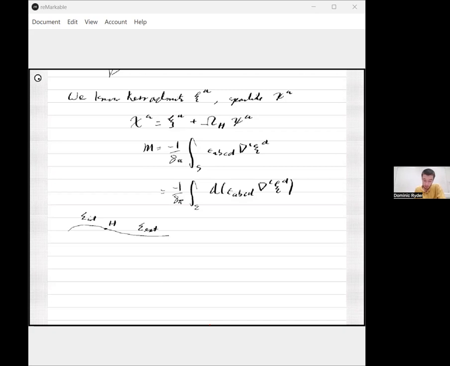And so then we'll split the integral into a bit over sigma int and a bit over sigma ext. Then we use Stokes' theorem again, and we realize that we can now use the integral over H. This now bounds the interior region, sigma int. And so we get M equals.